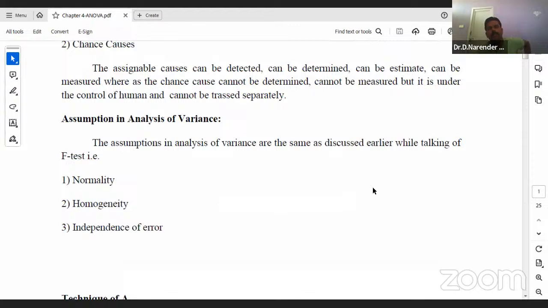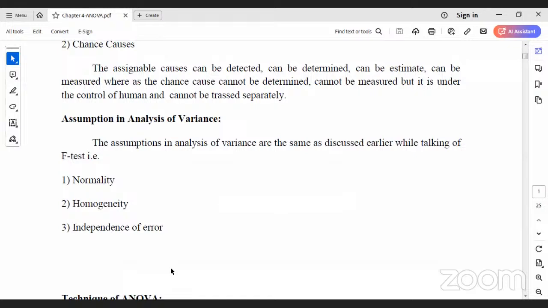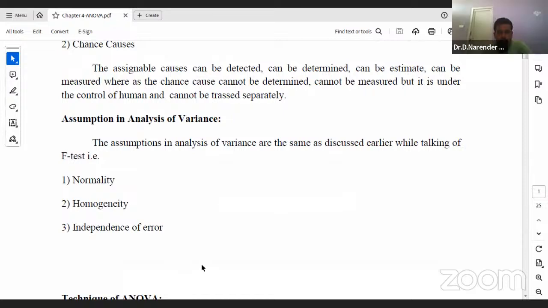Then see these assumptions here. Assumptions are nothing but imagination. Imagination means here we have to assume what is actually there in analysis of variance. The assumptions in analysis of variance are the same as discussed earlier while talking of the F-test.